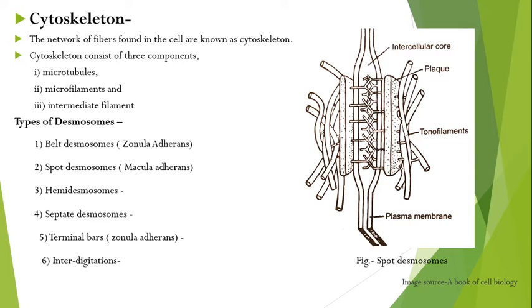These are formed at the interface between columnar cells just below the free surface. Just below the free surface, belt-like. It is called the terminal bar or the intermediate junction, a belt-like structure.